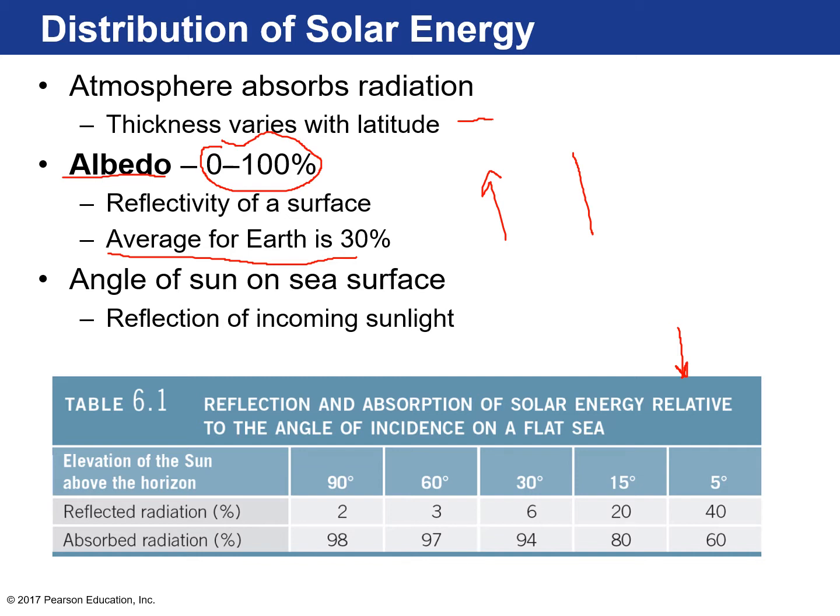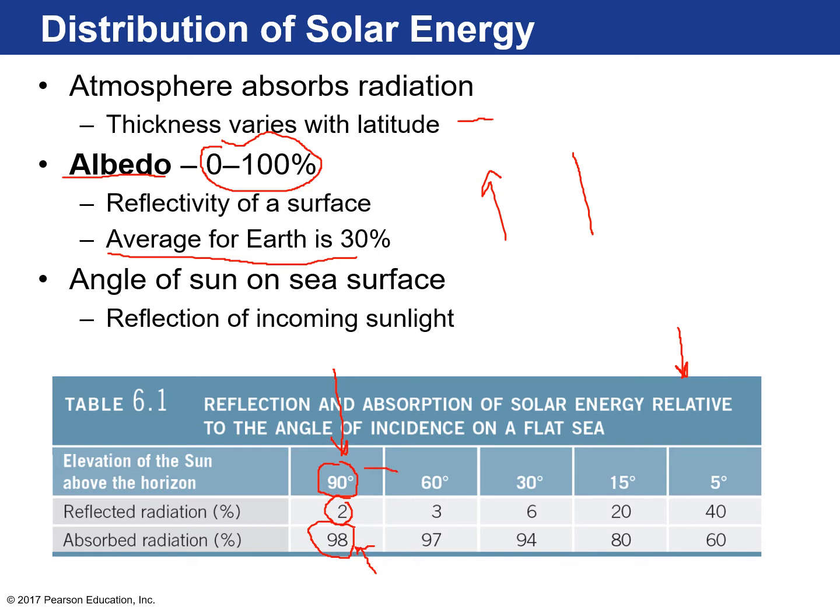That would be here. This is 90 degrees, so we have incoming solar radiation basically perpendicular to the surface of the ocean, straight down. Only 2% is reflected. 98% of the solar energy is absorbed by the surface of the ocean. So the ocean is taking in a lot of that heat energy.